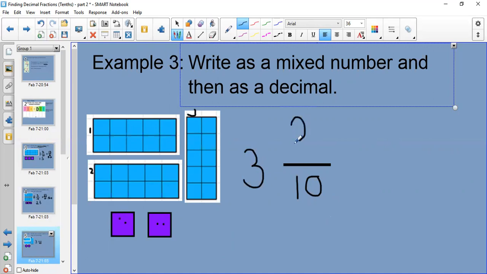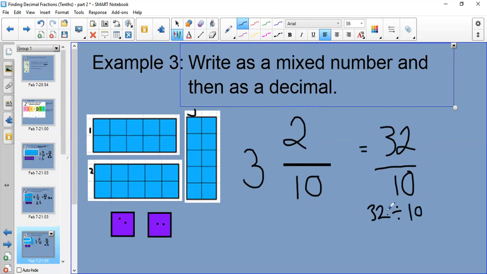So we've got 3 and 2 tenths. So that's like writing 32 over 10. So I need to do 32 divided by 10 to figure out what it is going to look like as a decimal.